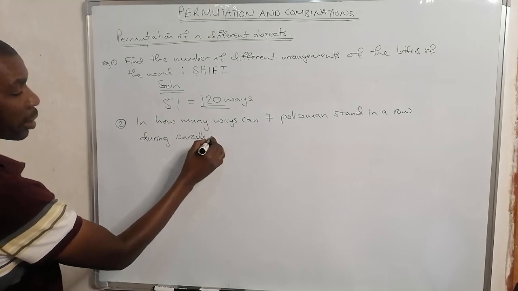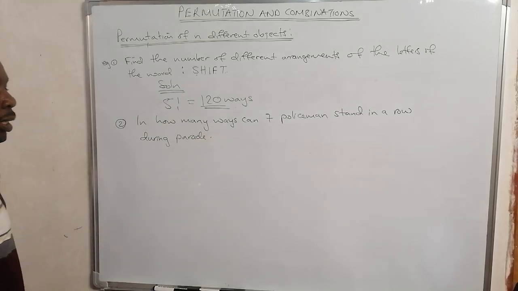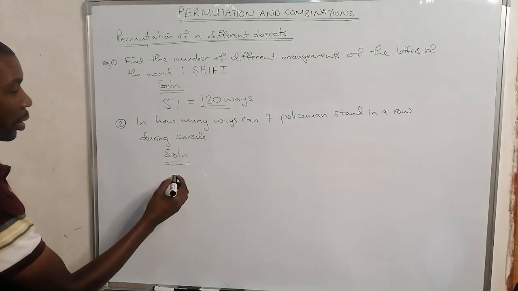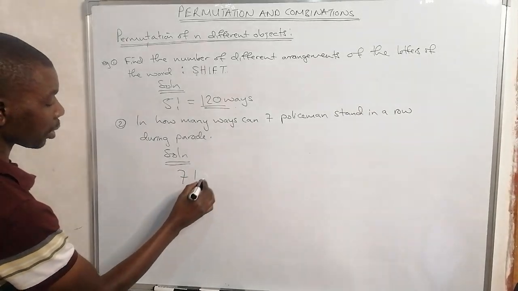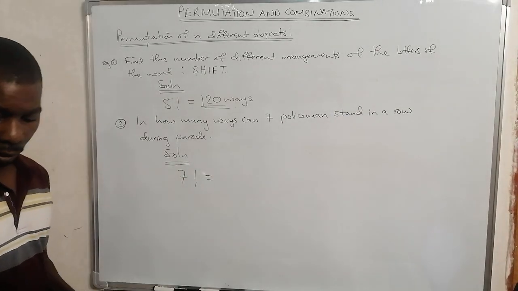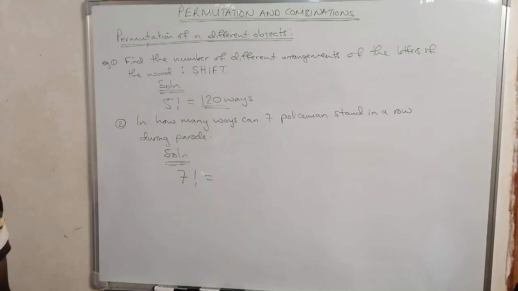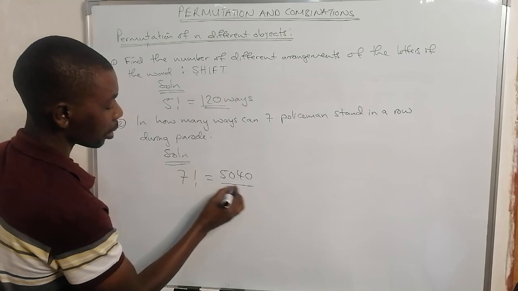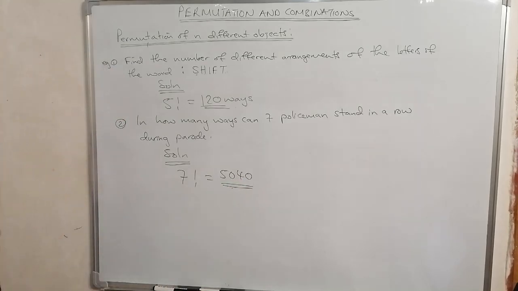So during parade, how many ways can 7 policemen stand? So 7 policemen, we have 7 factorial, which is equal to, then we simply punch 7 factorial, which is 5040.